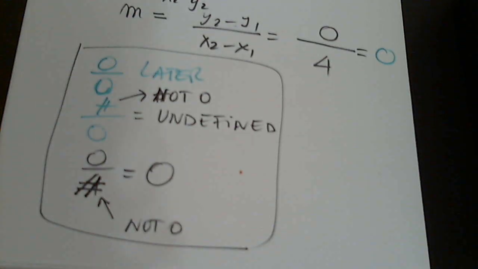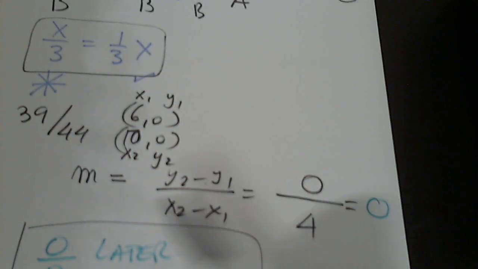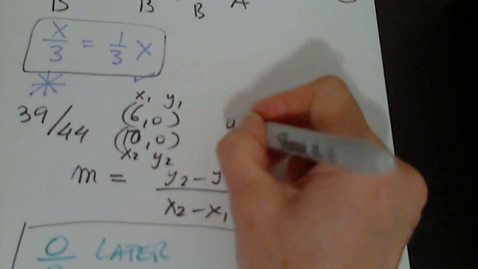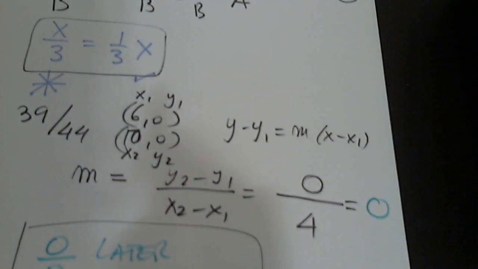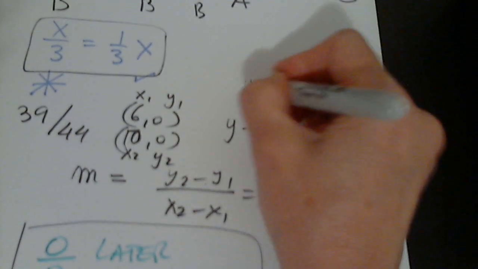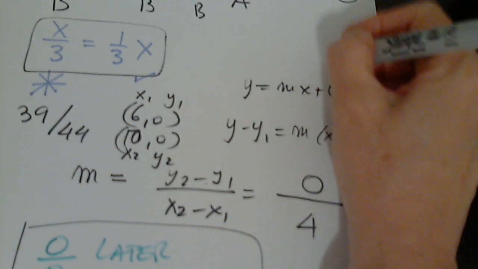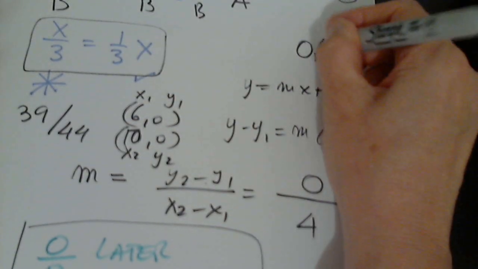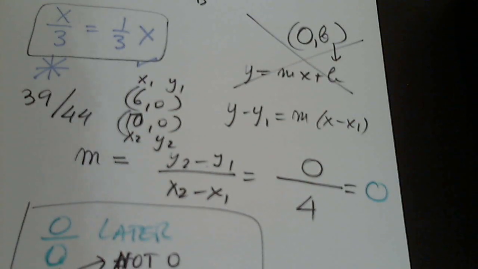Good. So then all I have to determine is y minus y1 equals the slope times x minus x1. I cannot use y equals mx plus b because none of this is 0 comma a number. So I use any point I want, it doesn't matter, with the slope 0.